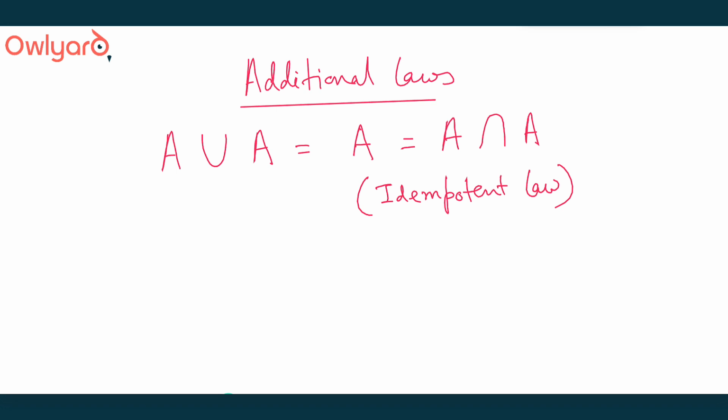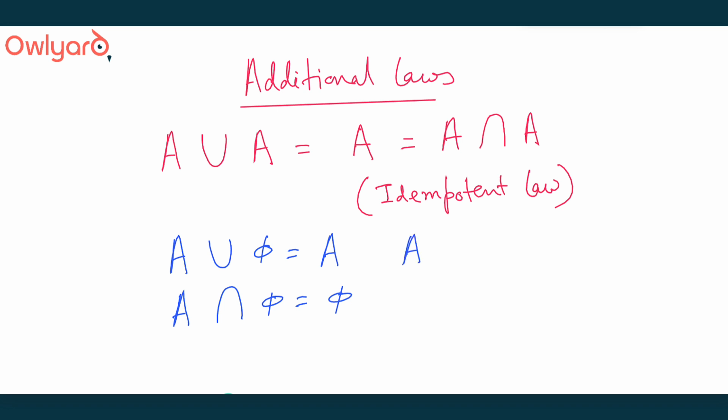Okay. And finally, let me remind you that if you have any set A and you union it with the null set, then you get the set back, which is A itself. And if you intersect it with the null set, then you get the null set, as we probably have seen.